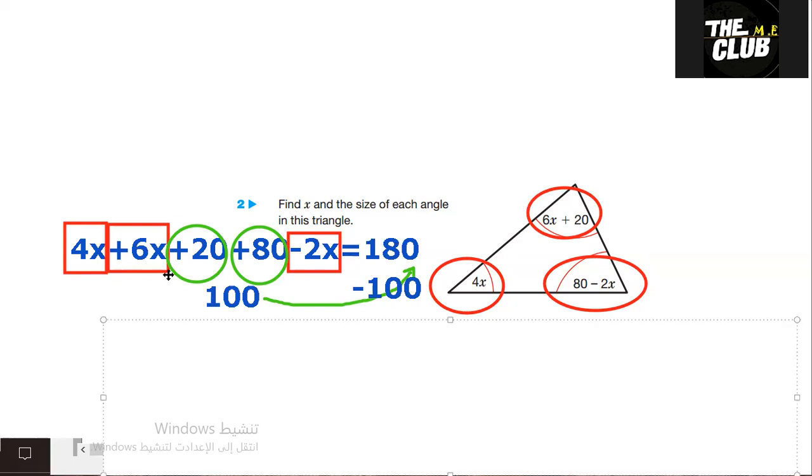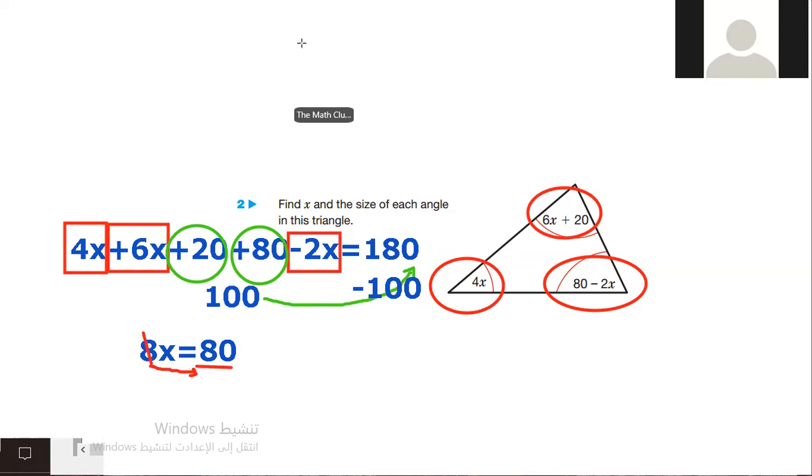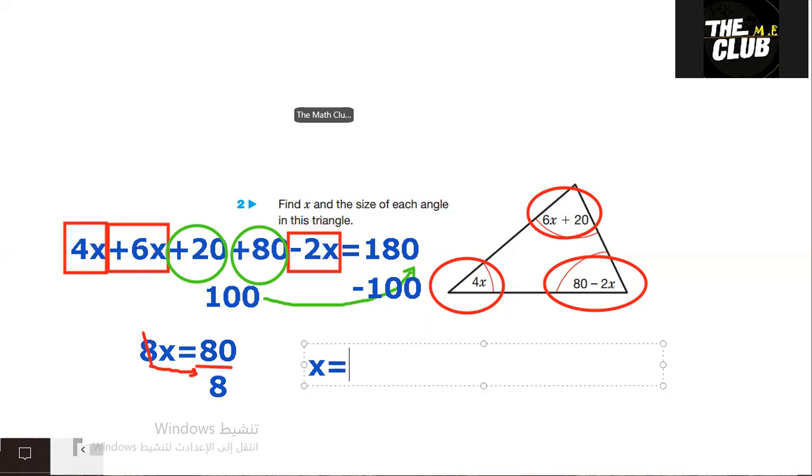Now I need to find x. To find x, I'm going to take the 8 because it's multiplied here, and take it to the other side by dividing. So it's going to be divided by 8, which is 10. So x equals 10. This is the first step.